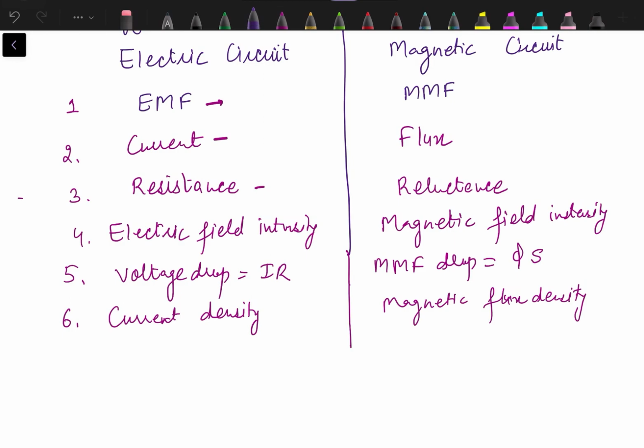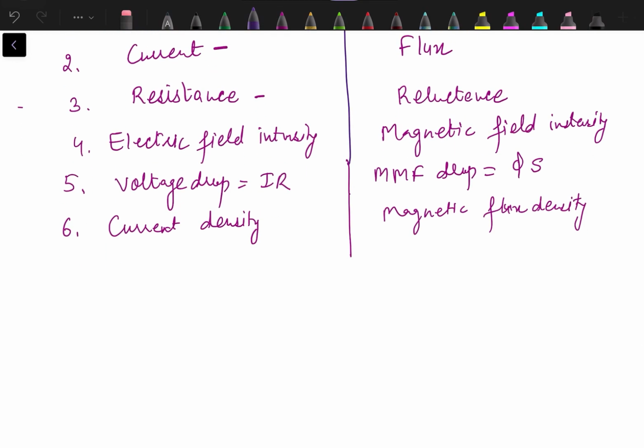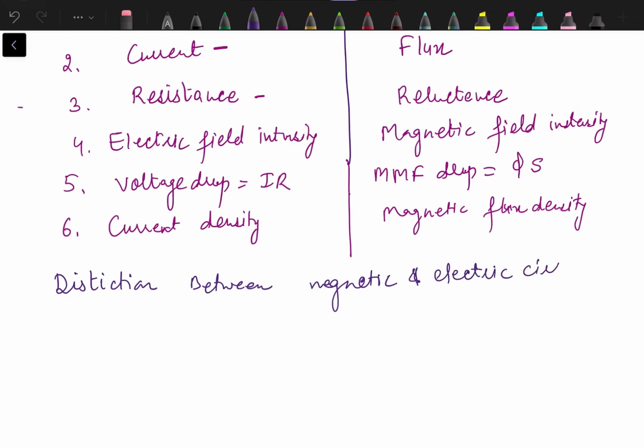We can have the differences also. We can say the distinction between magnetic and electric circuits. Now, the very first distinction is in case of electrical circuits, current cannot flow through the air, but the flux can flow through the air.